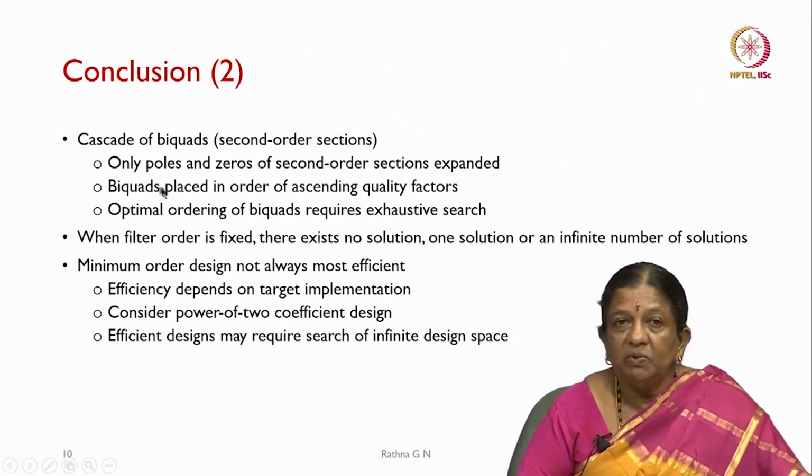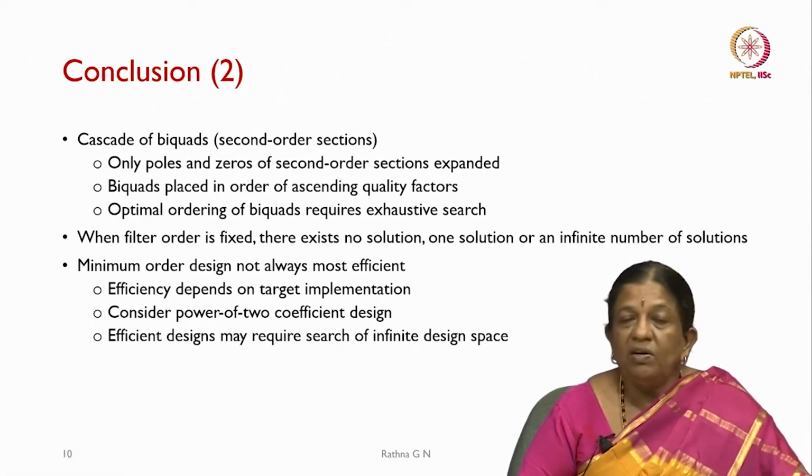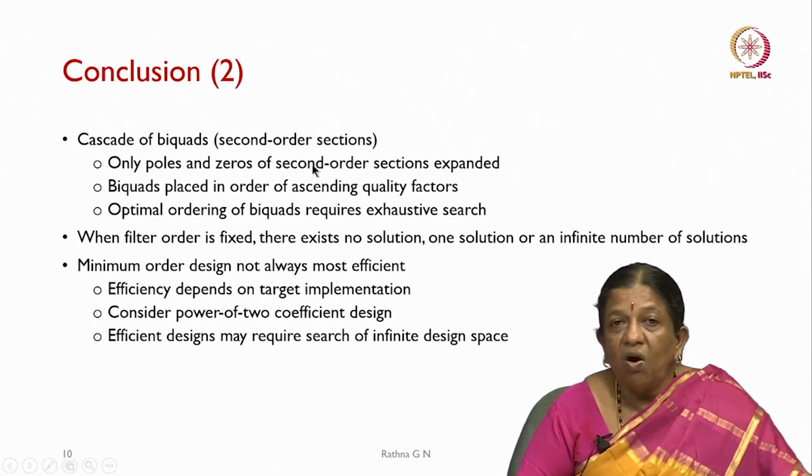Coming to the further conclusion, in a cascade of biquads, that is second order sections, only the poles and zeros of the second order sections are expanded. What happens if it is a direct form and there is any quantization in my pole or zero? The complete structure may become unstable, whereas in the biquads, if any of these poles or zeros is quantized, it is limited to that section and will not affect the other second order sections.